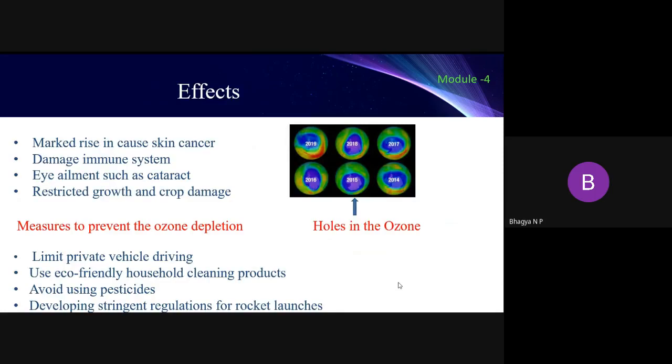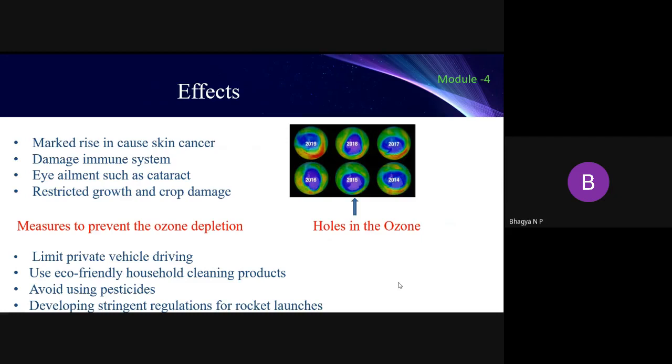So what is the main effect of this? What are the causes of this ozone layer depletion? The main one is that it causes skin cancer in humans, and also it damages our immune system.